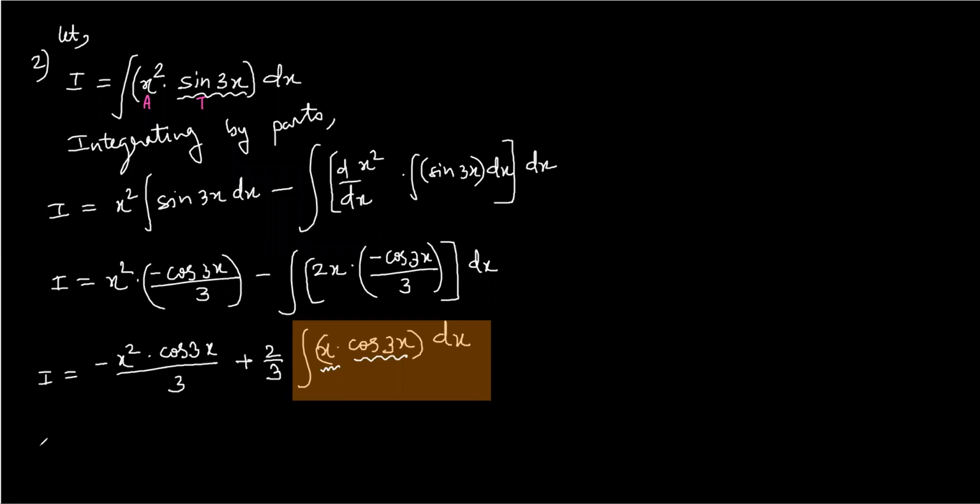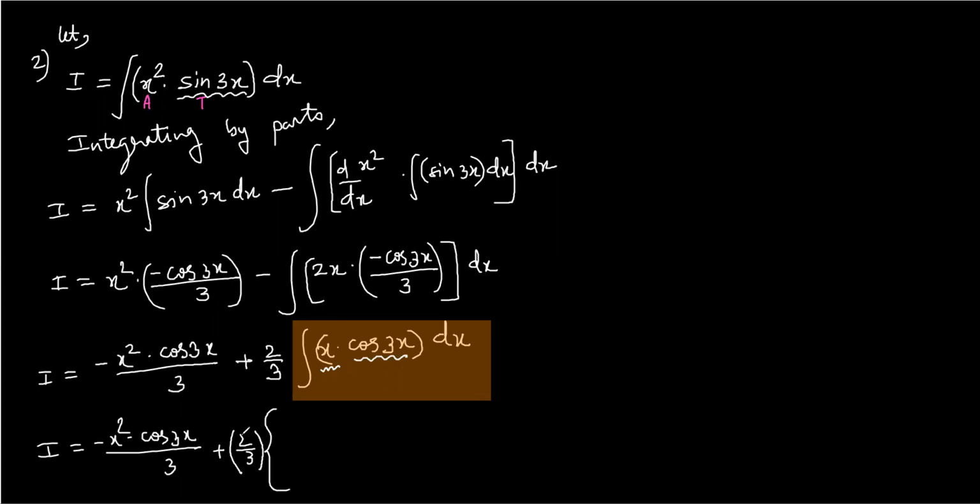So here I write I equals minus x square into cos 3x divided by 3 plus 2 upon 3, and then I make a bracket because I know this constant which is outside will be multiplied to all the terms which I am going to get. I know when I apply integration by parts, I end up getting several terms.